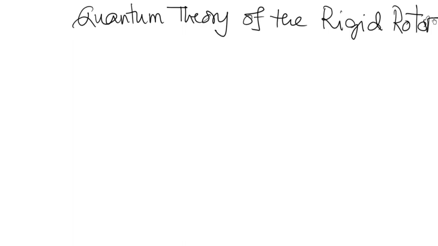An example of a linear rotor is a diatomic molecule. If one neglects its vibration, the diatomic molecule is a rigid linear rotor. More general molecules, too, can often be seen as rigid, that is, often their vibration can be ignored.